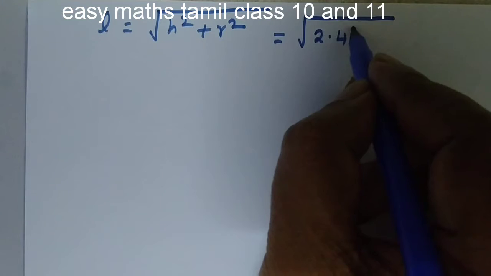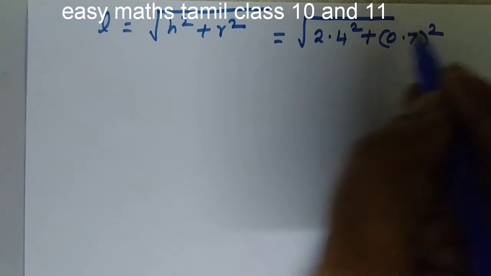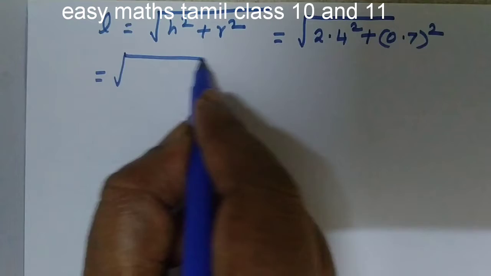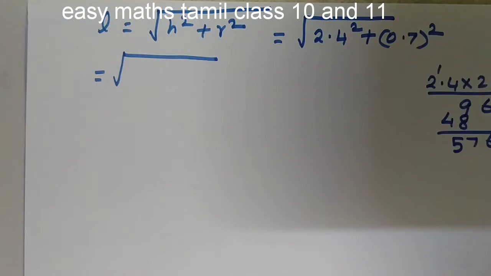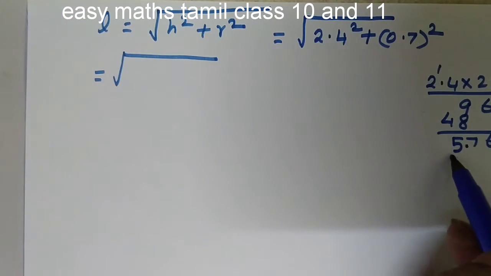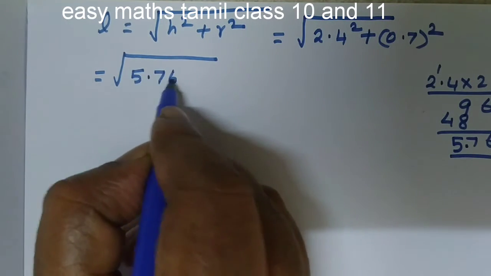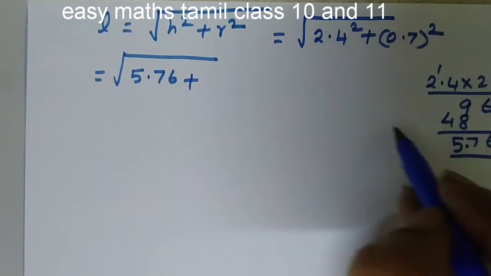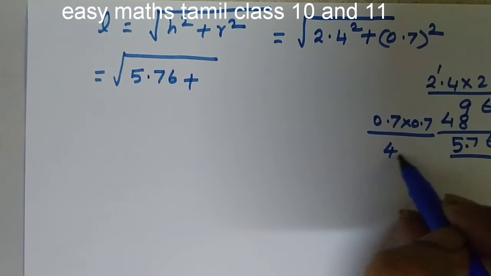2.4 square plus 0.7 square. 2.4 square value is 5.76, plus 0.7 into 0.7 is 49.